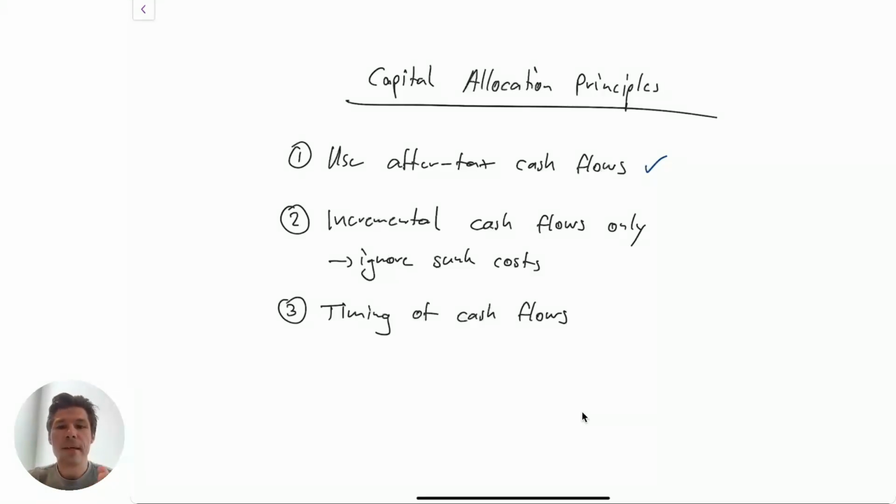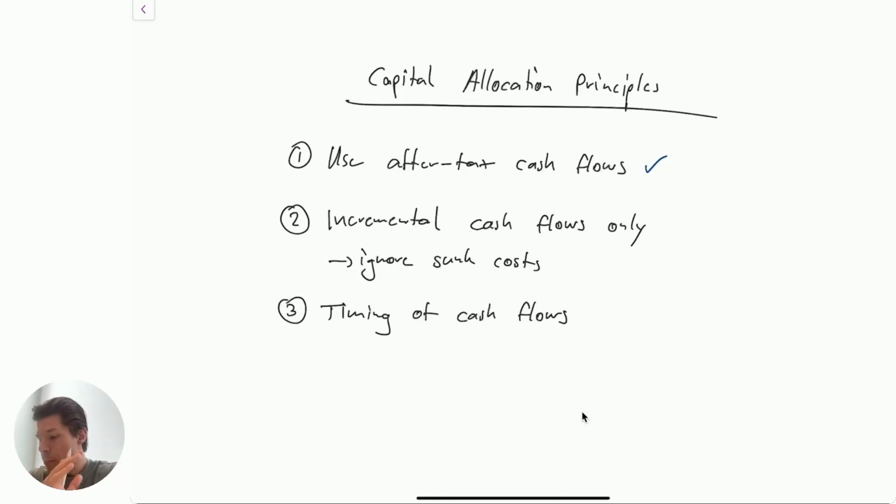We are not using accounting-based measures. It's really important that you reflect the impact of taxation on a project, and especially the tax benefits derived from non-cash deductions such as depreciation, amortization. So really important, after-tax cash flows.